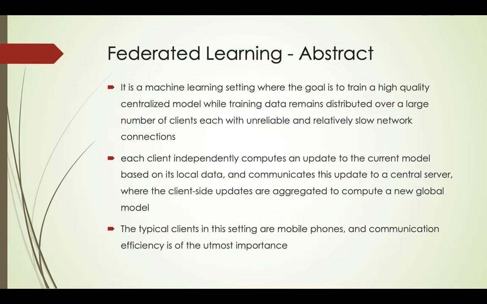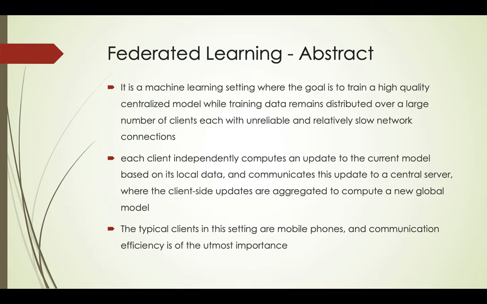Federated learning, the abstract. It is a machine learning setting where the goal is to train a high quality, centralized model while training data remains distributed over a large number of clients, each with unreliable and relatively slow network connections.